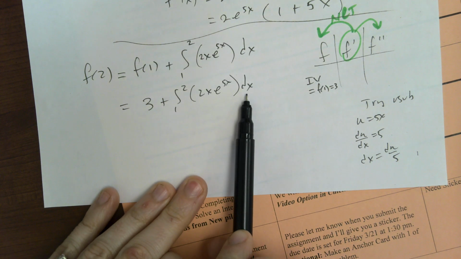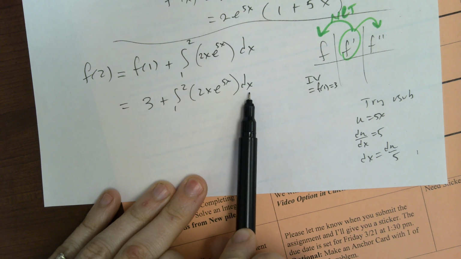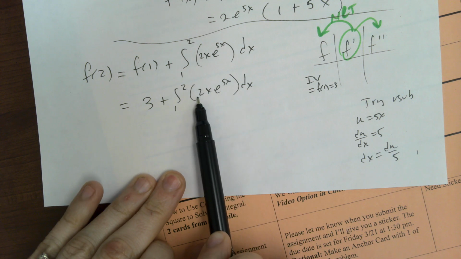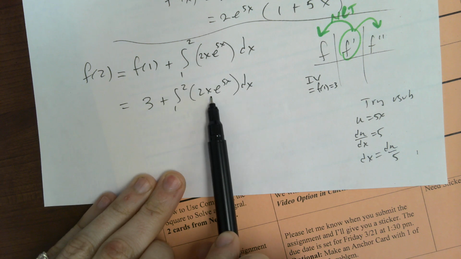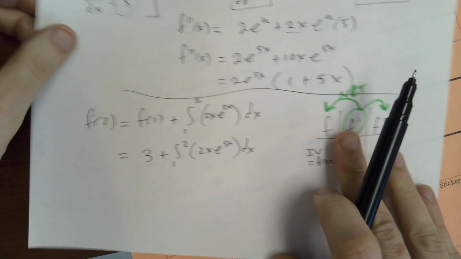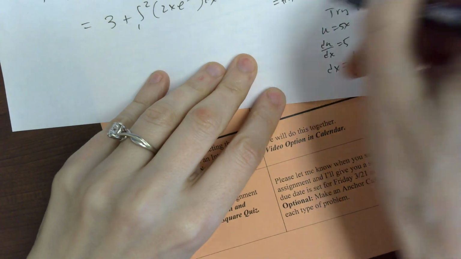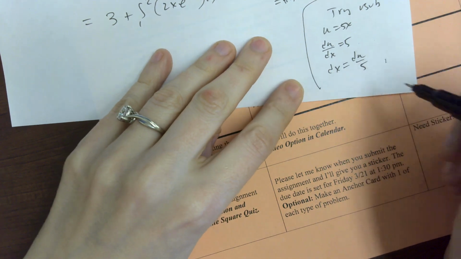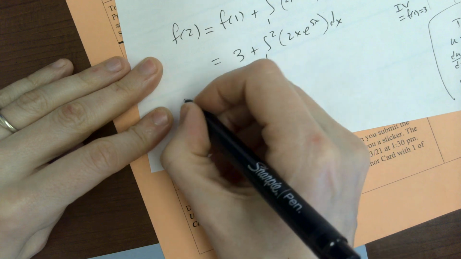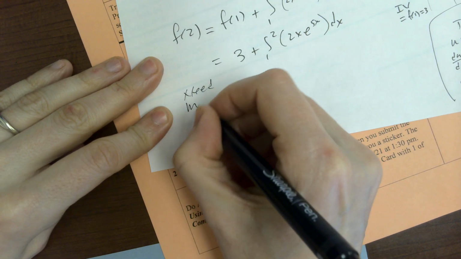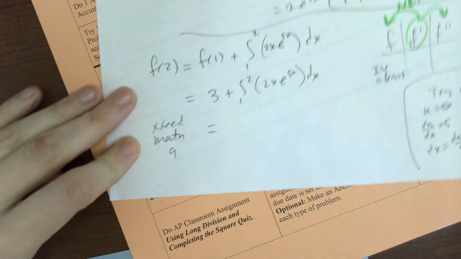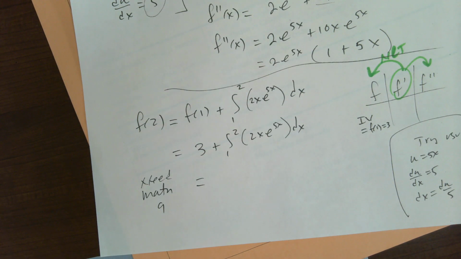If I put over here du over 5, that is going to leave us inside here with 2x e to the u, and this x is not going to cancel. You are not going to be able to get the x's to cancel, so it won't work. So we would need math 9.